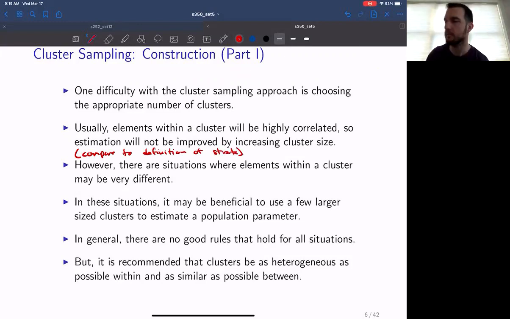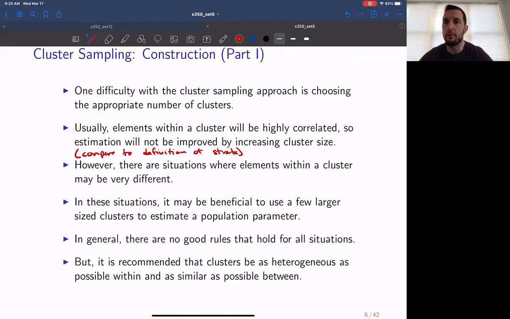And this goes back to the point that I was trying to make a little bit earlier when we were looking at the illustrative example of the different city blocks. So you have these clusters and you have the strata. And what you're hoping to gain from the clusters and from the strata is pretty much the same. You want strong correlation within and differences between.